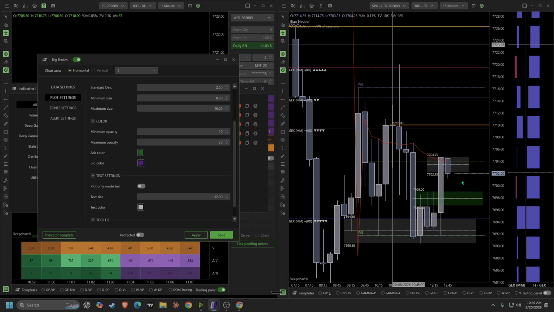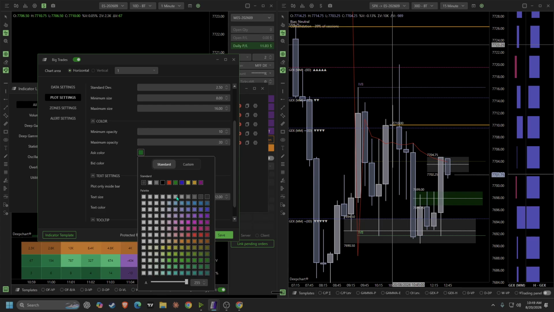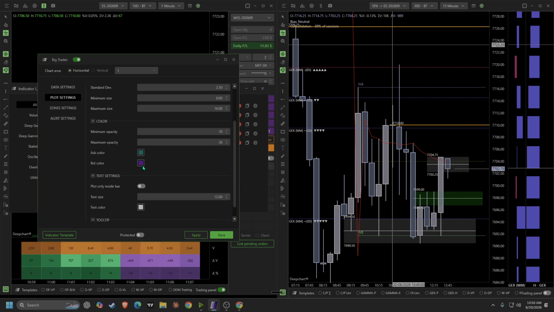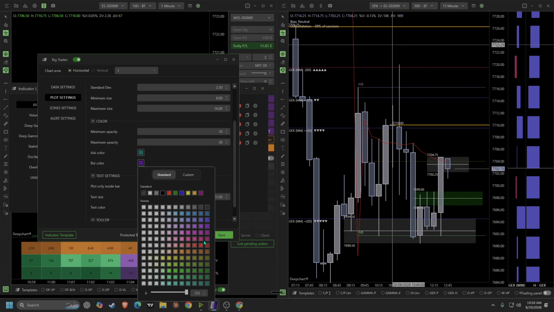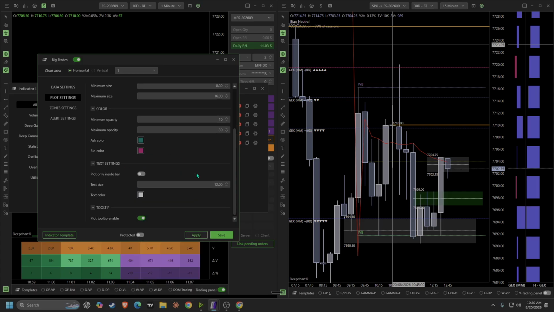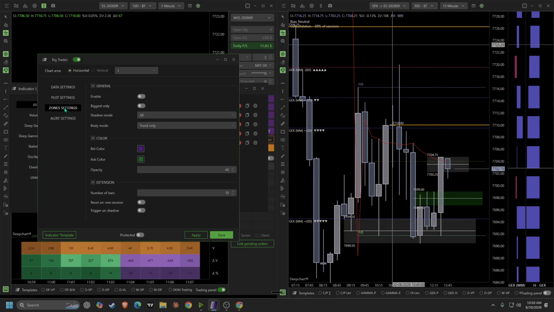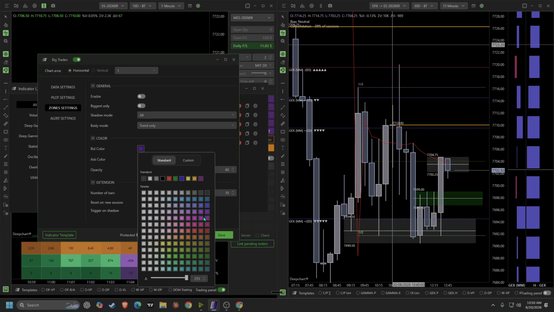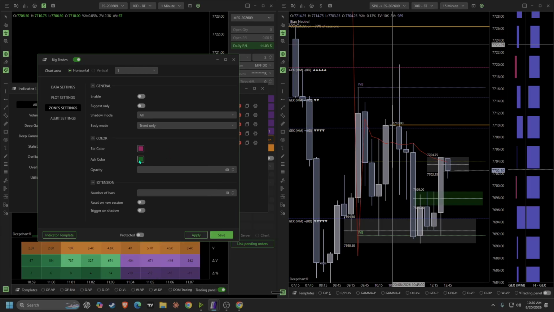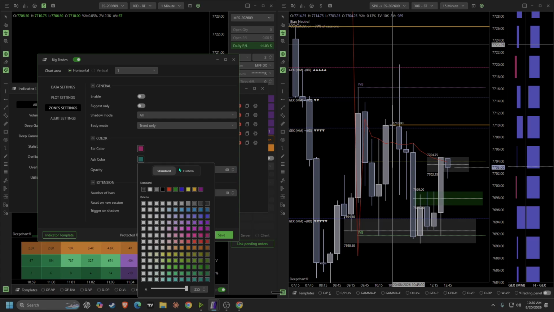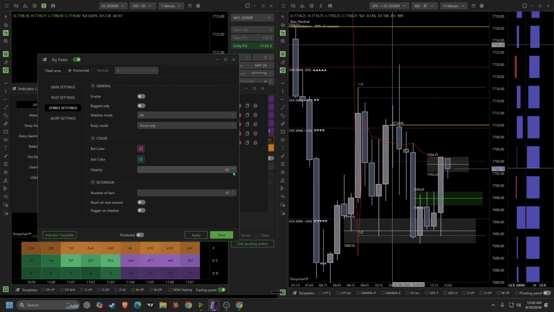As you can see over here, we're still in this range, just dinking around. We're going to make these a little darker so they stand out. And zone setting, same thing, darker. What that'll do is when I mouse over the big trades, you'll be able to see it.